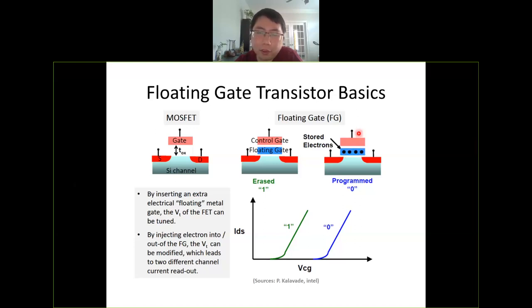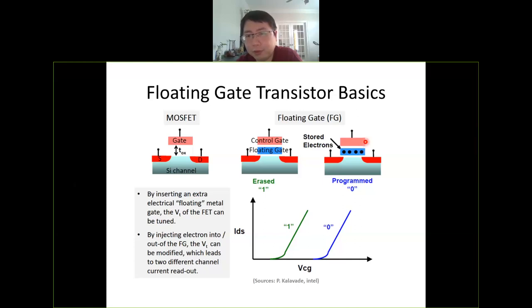But this positive voltage needs to overcome this negative charge. If you have electrons here, you need to first apply some voltage to compensate the negative charge, the electrons. Or some of the positive electric field will be shielded by these electrons.